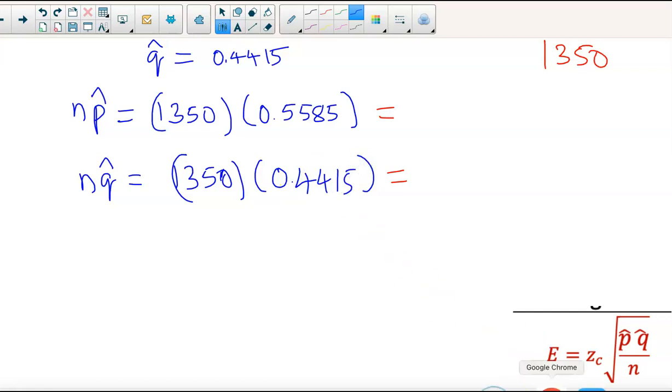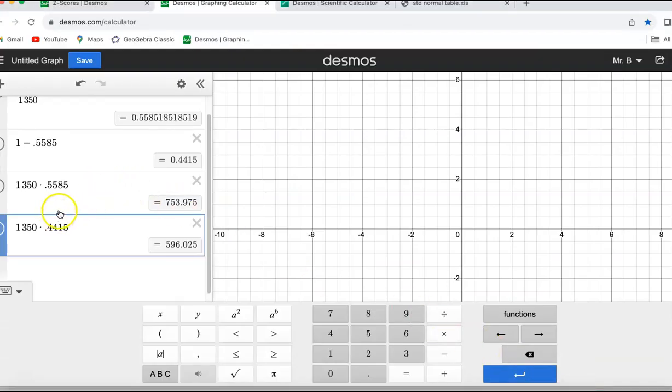1350 times 0.5585 is 753.975. Rounding it to the nearest whole number is 754. And the next one, 1350 times 0.4415, gave us 596. So 754 and 596.